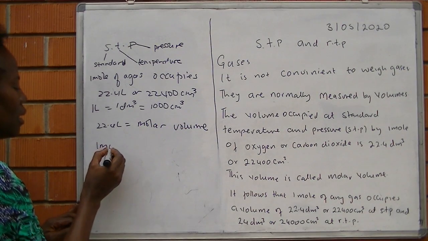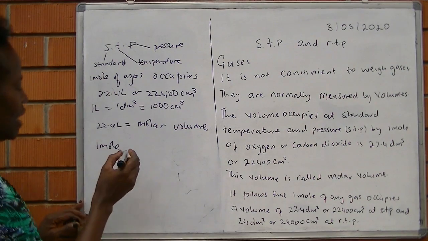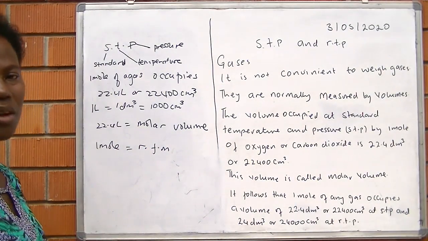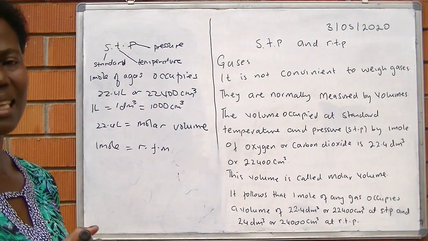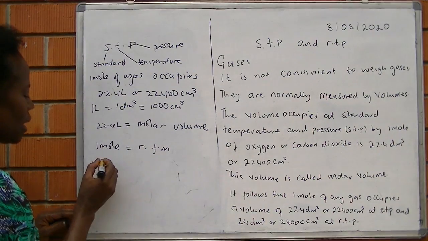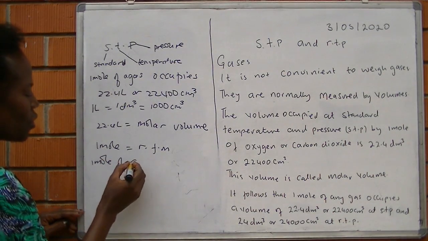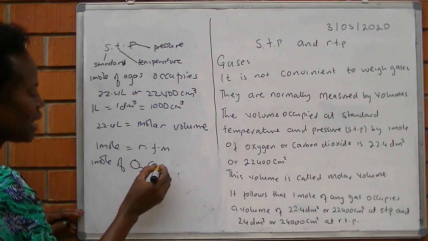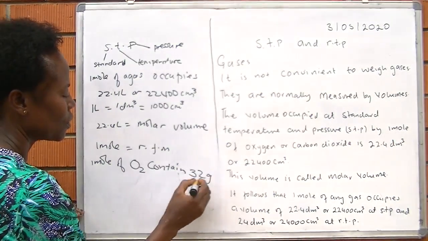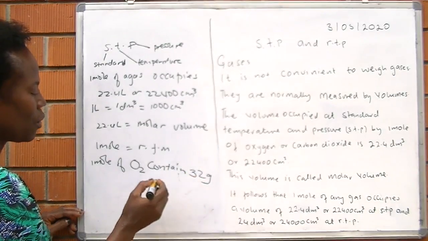A mole of any substance is numerically equal to the relative formula mass of that substance. So if we take the substance as a gas, this means that 1 mole of oxygen molecule contains 32 grams. How?